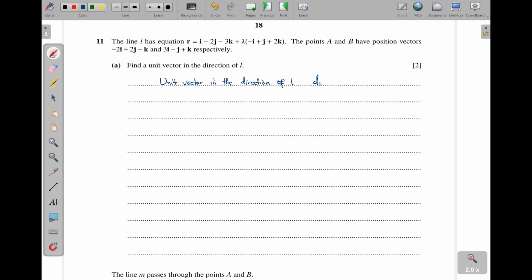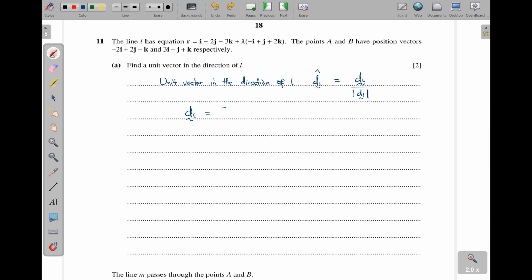Let me just write it as DL, okay? Then we put this cap here. It represents the unit vector. So you get that vector, then you divide it by its modulus, okay? So what is the modulus of the directional vector? First of all, the directional vector of L is this one you see inside here.